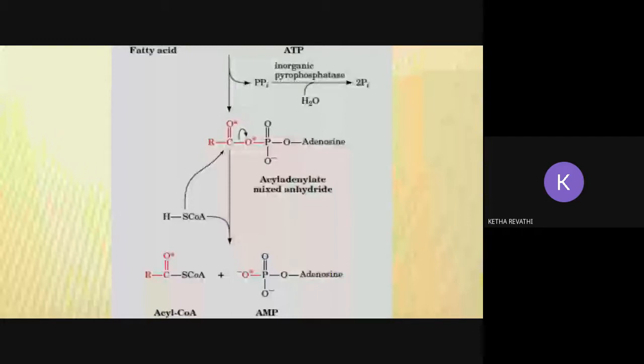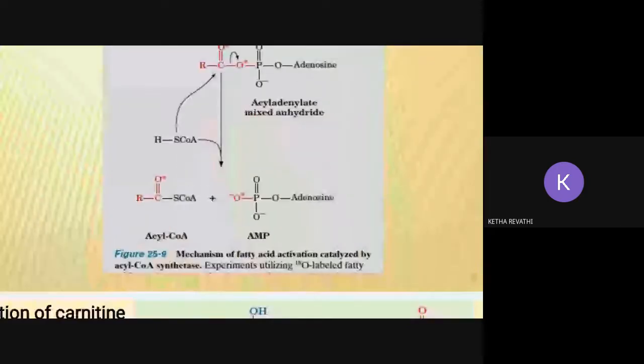This mixed anhydride compound is formed in the first step. In the second step, that compound combines with coenzyme A, or SH-CoA, to form acyl-CoA plus AMP.